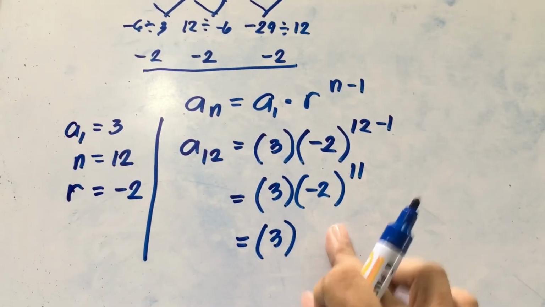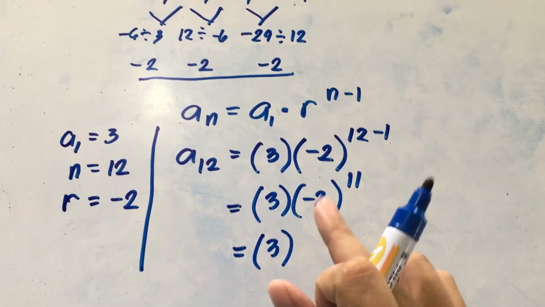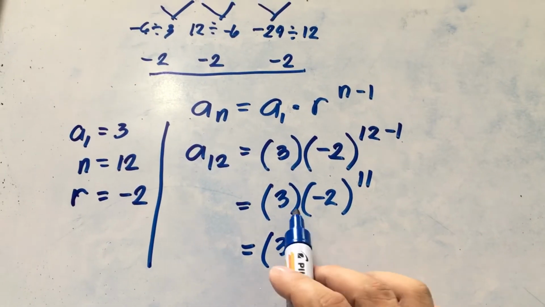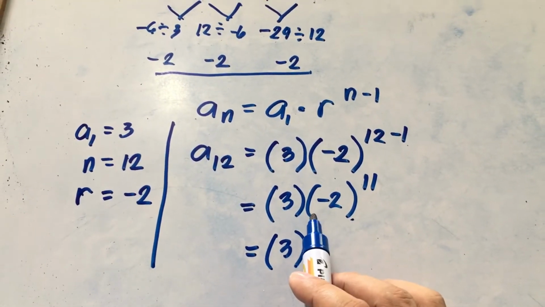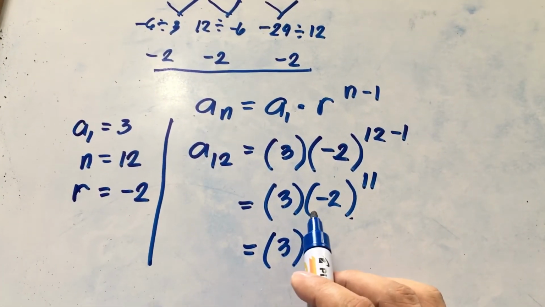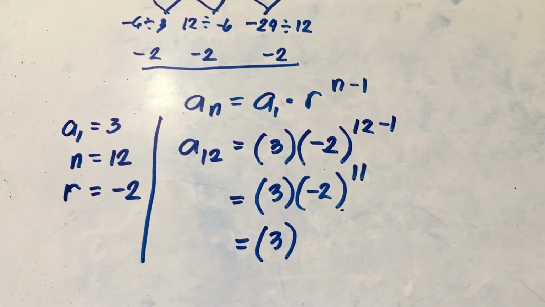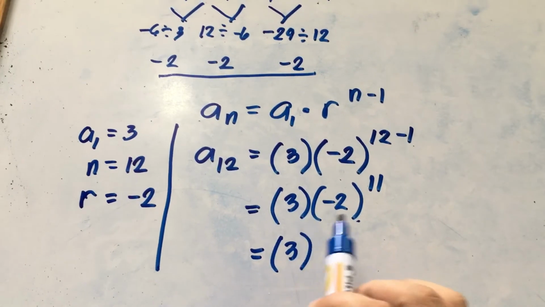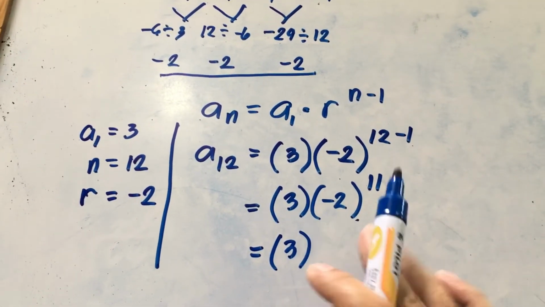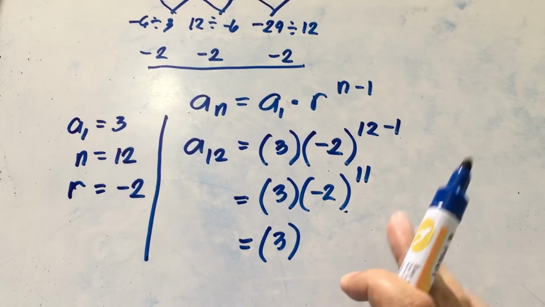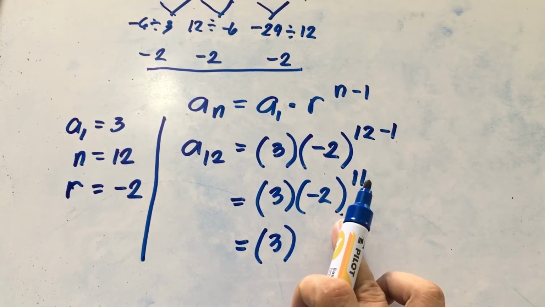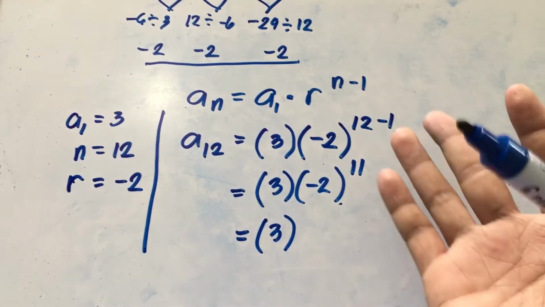Please do take note, when you input in your calculator, make sure that your exponents are present. Because if you have a negative base, please put it inside the parenthesis, because if ever you don't put it inside the parenthesis, you may arrive at a different answer.